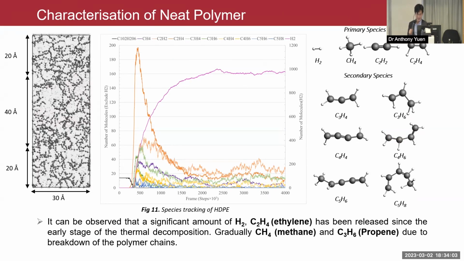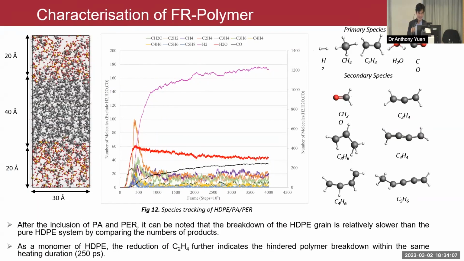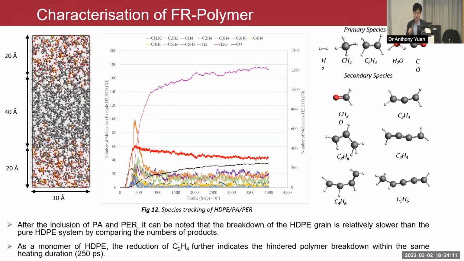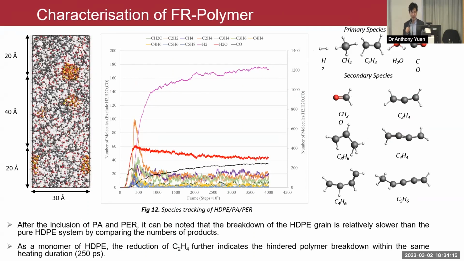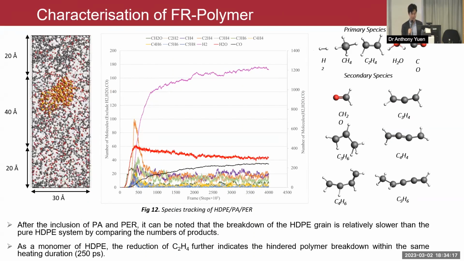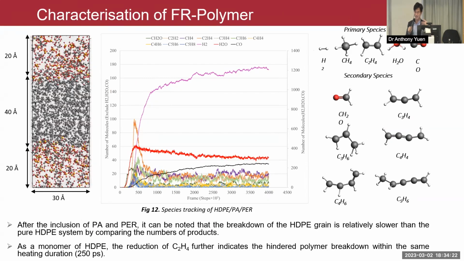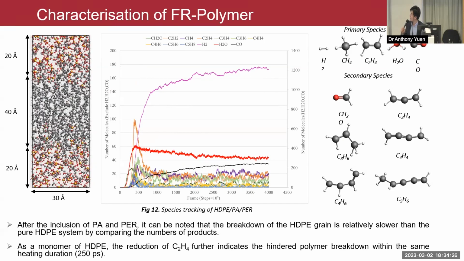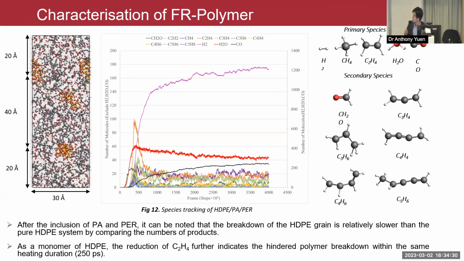So if we benchmark this against an HDPE system with PA and PER alone, this is just a part of the formulation of the intumescent. You can see the formation of the primary and secondary species changes a lot. One thing I want to highlight here is the significant formation of H2O and CH2.